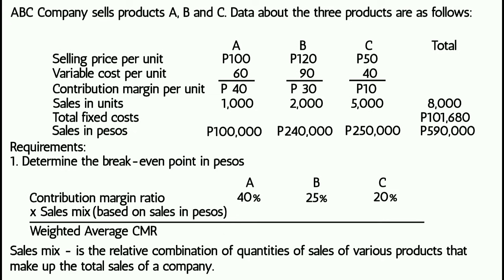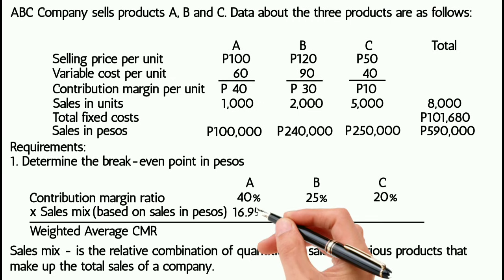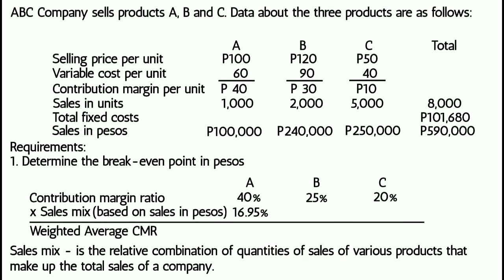Ang total sales in pesos ay 590,000 pesos. 100,000 pesos divided by 590,000 pesos, that is equal to 16.95%. For product B, 240,000 pesos divided by 590,000 pesos.